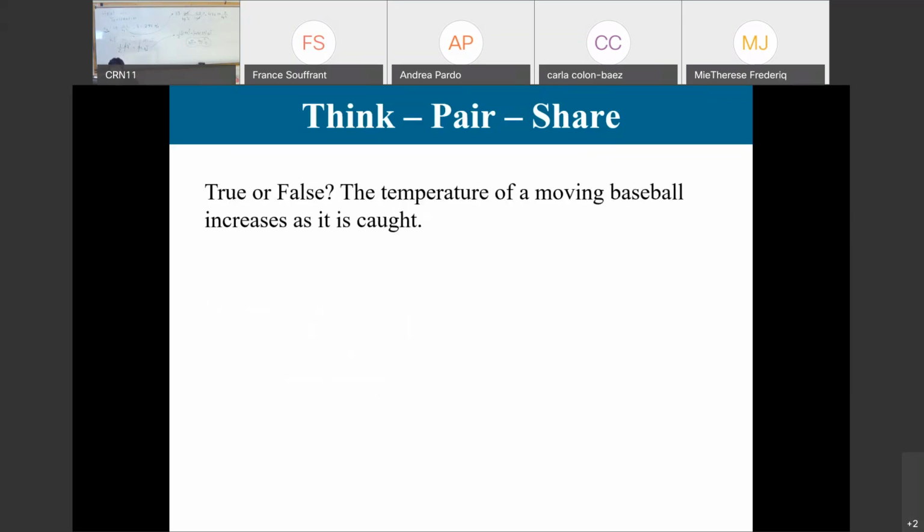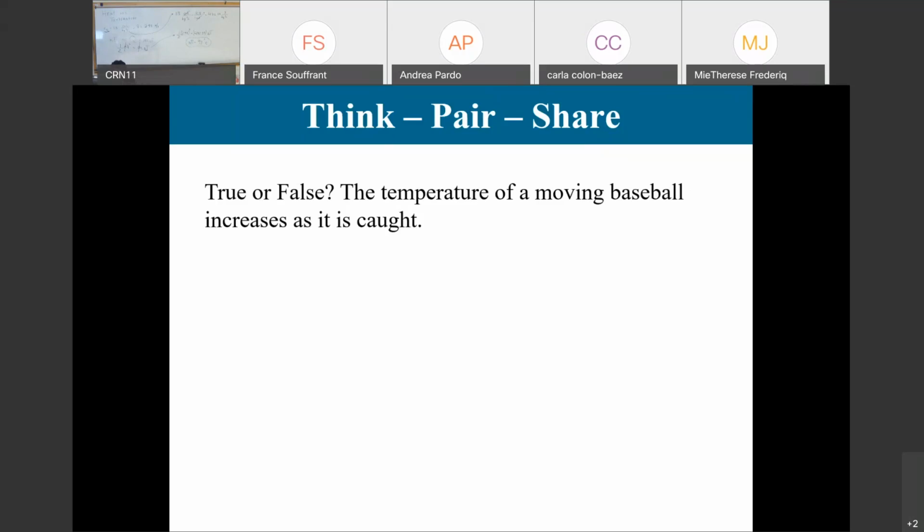The temperature of a moving baseball increases as it is caught. What do you think? Think about the problem of the meteor. The temperature of a moving baseball increases as it is caught.